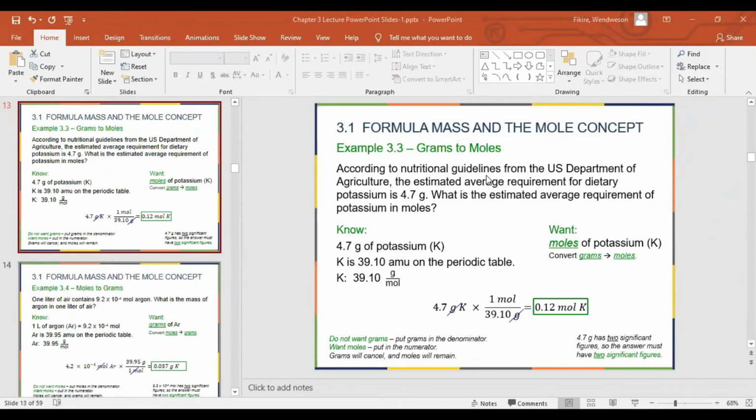According to nutritional guidelines from the U.S. Department of Agriculture, the estimated average requirement for dietary potassium is 4.7 grams. That's the standard, 4.7 grams. Now, based on this, what is the estimated average requirement of potassium in moles?